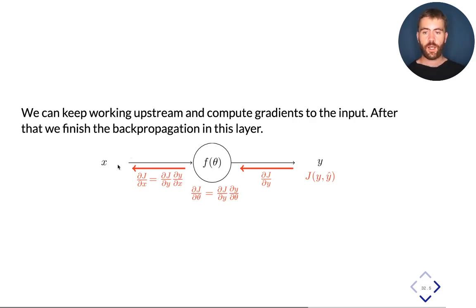In that case, I would be interested in computing the derivative of J with respect to X, and by the chain rule, that is simply the derivative of J with respect to Y times the derivative of Y with respect to X. And notice that the derivative of J with respect to Y, I have already computed here. And so the backpropagation algorithm will store this value and will reuse it for both this gradient and this gradient. And then it will also use it downstream as well.